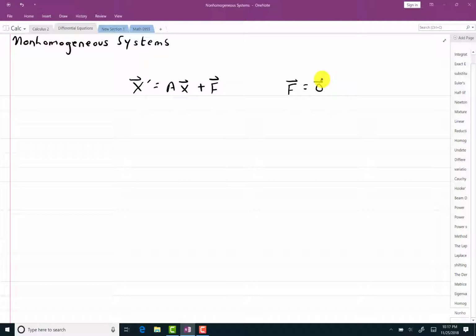So I'll demonstrate two methods like we had before: variation of parameters and undetermined coefficients. So let's start with undetermined coefficients.